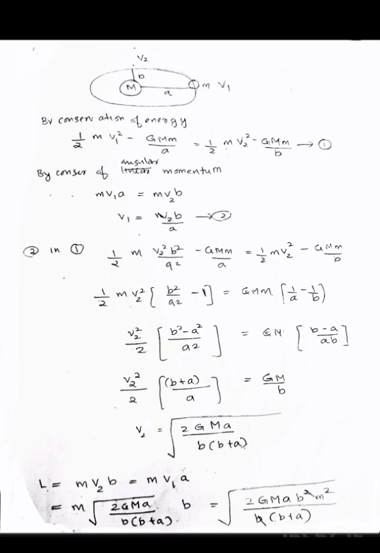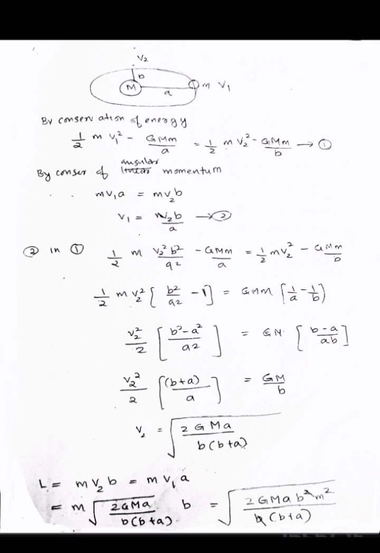Substituting the value of v1 from equation 2 in equation 1, we get half m v2 square b square by a square minus GMm by a is equal to half m v2 square minus GMm by b, that is half m v2 square into (b square by a square minus 1) is equal to GMm into (1 by a minus 1 by b), that is v2 square by 2 into (b square minus a square) by a square is equal to GM into (b minus a) by ab, that is v2 square by 2 into (b plus a) by a is equal to GM by b.